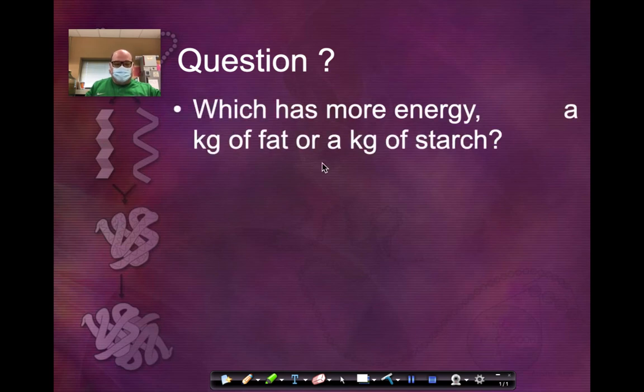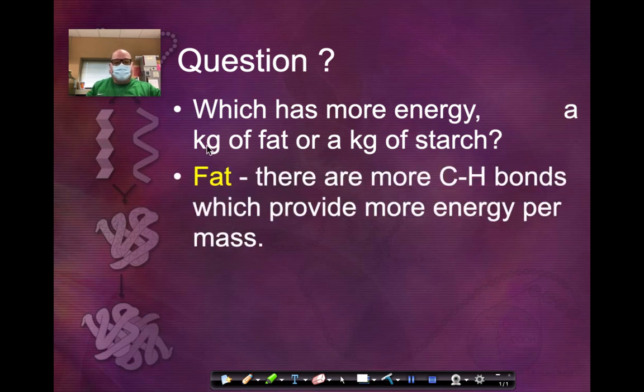So if we look at which one has the most energy, a kilogram of fat or a kilogram of starch, if you were going to think about how to store energy, it's fats. The reason fat has so much more energy is because there are so many more carbon-hydrogen bonds, and those give a lot more energy per unit of mass.